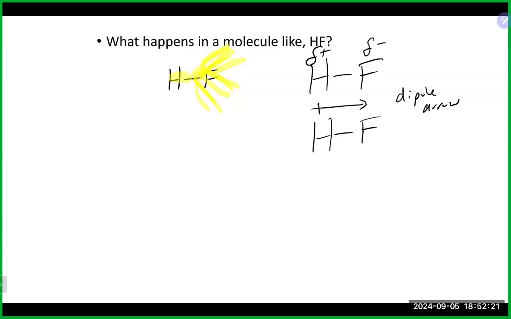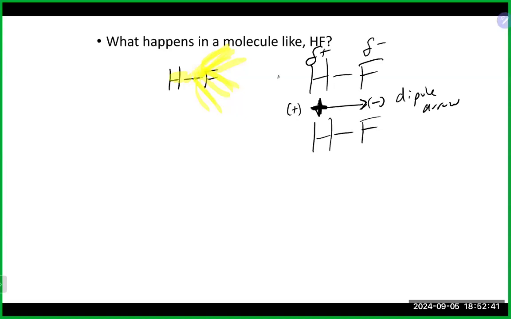When you draw this dipole arrow, the point of the arrow always points to the more negative side, and the back part of it, which makes a plus sign, is always at the more positive side of the bond. So we oftentimes will draw these arrows to represent that there's unequal sharing of electrons.